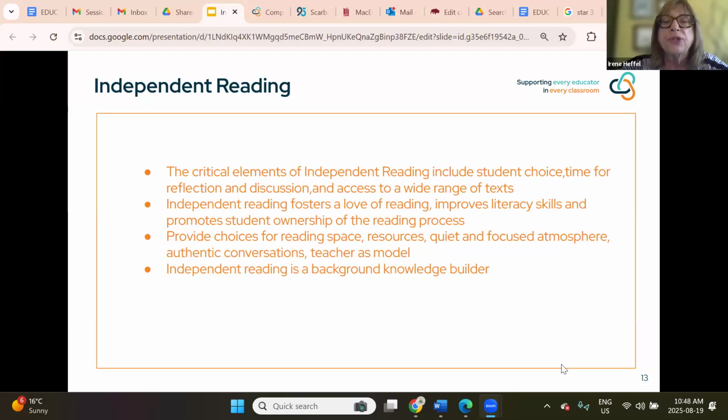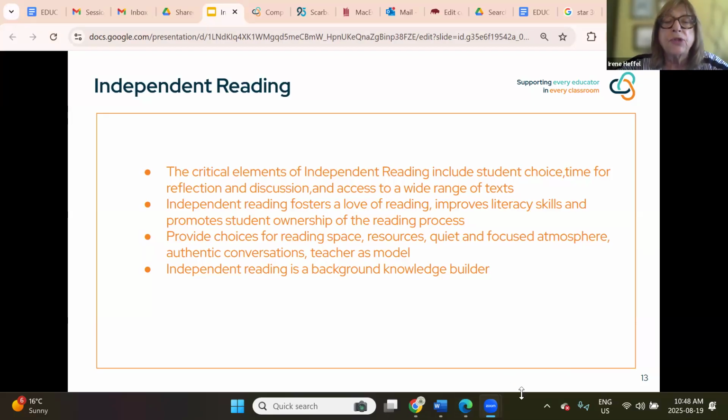Part of this is to foster a love of reading, because that is also our responsibility, is to show and open up the whole notion of reading being a wonderful thing. While we do that, we're helping to improve literacy skills for our students, and we're promoting student ownership of the reading process.